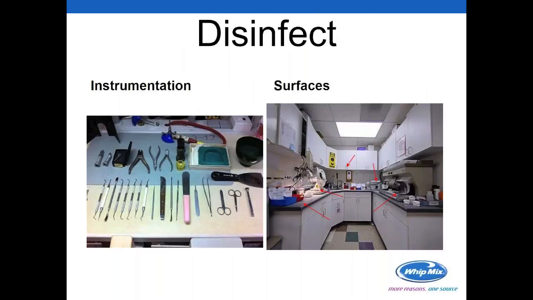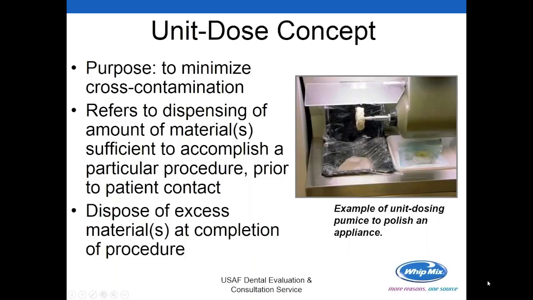Okay, disinfect your instrumentation in the lab, any of the surfaces in the lab. And we've got a lot of surfaces, just like the clinical office does. Make sure they get disinfected on a regular basis. Okay, try using the unit dose concept, which is just using a single, for example, here's some pumice over here on the right-hand side.